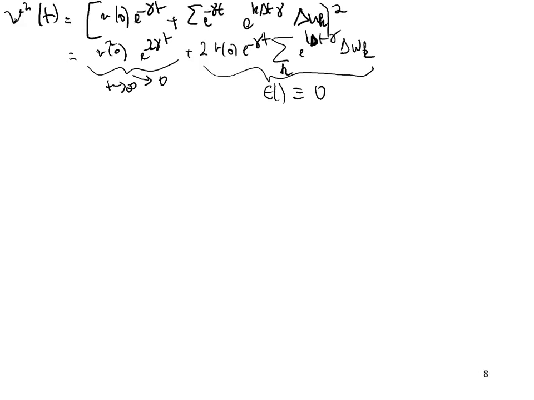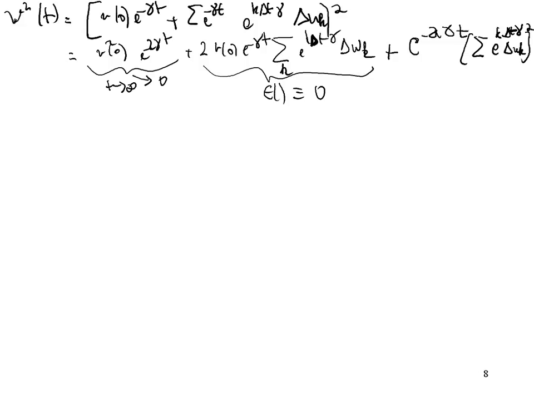And then we are left with plus exponential of minus 2 gamma t. Here this is one of the components of v of t, for example the x component or the y component. So it's minus 2 gamma, and then we have the sum of exponential k delta t multiplied by gamma d omega k, and everything is squared.